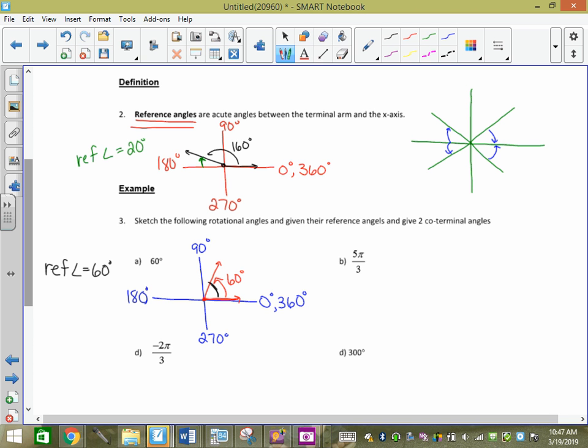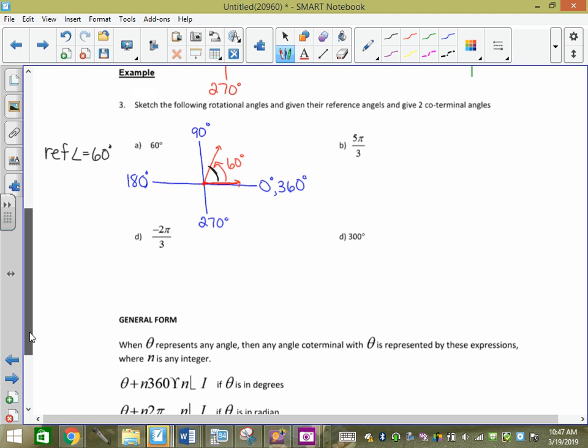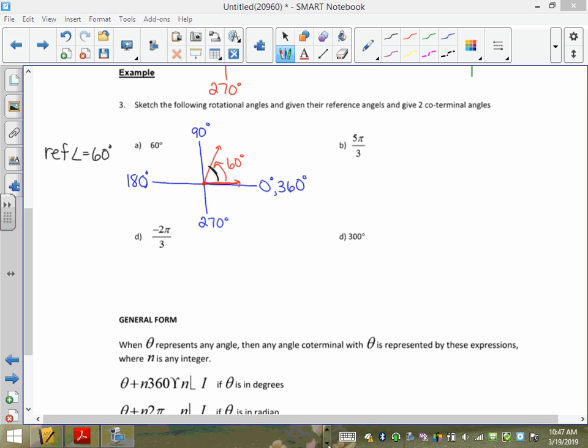So anything in quadrant 1 has the same terminal angle as reference angle, because from the terminal arm to the x-axis is the actual angle of that arm. You guys try 300. Draw it and see if you can come up with the reference angle. Then we're going to do the radian ones.